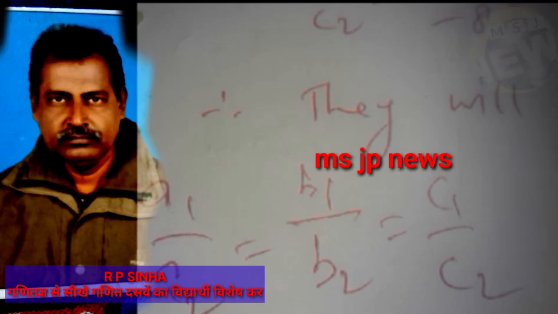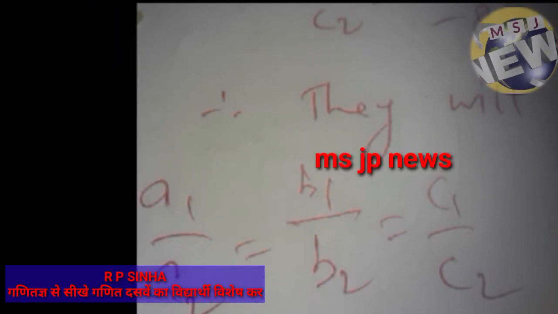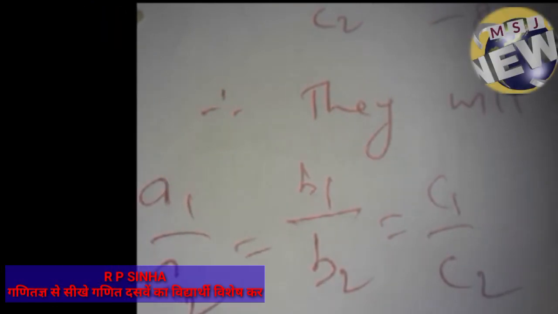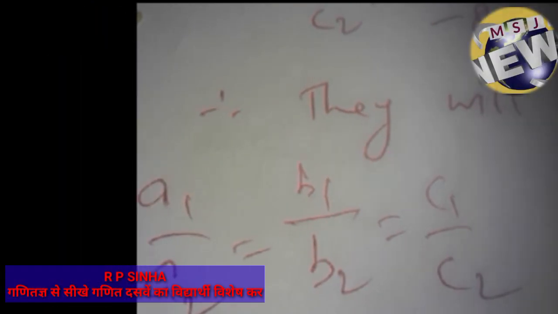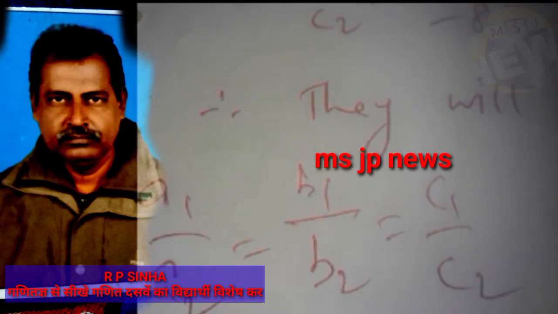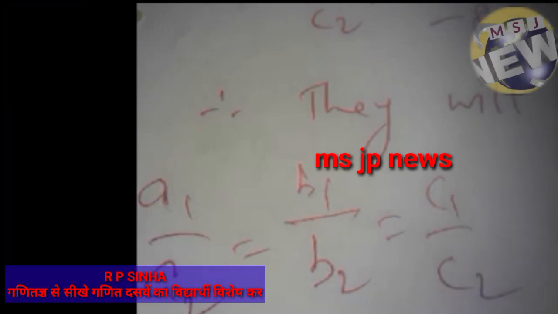It means that they will have infinite solutions. And in case of parallel lines, we have no solution. Always remember, the equations of parallel lines are called inconsistent equations because they do not have any value which can satisfy both the equations.